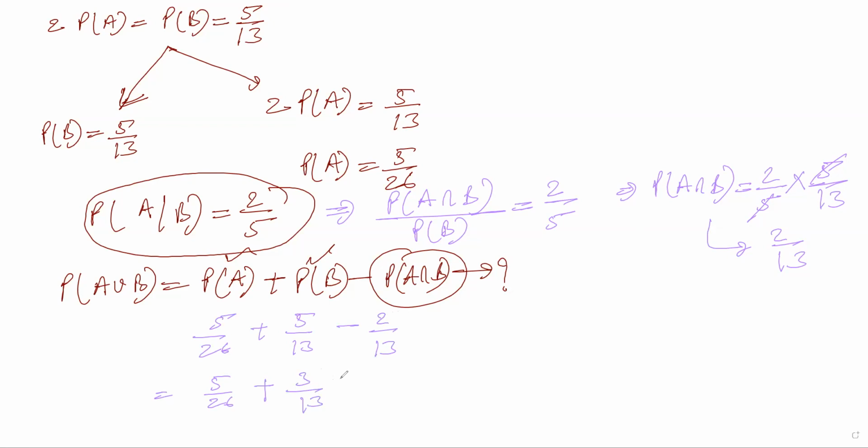Multiply this by 2 by 2 so that the denominator becomes the same. So this is 6 now, 11 by 26. Yes. Fast calculation: if you can make the denominator same, you can directly add or subtract the numerators. The answer is 11 by 26.